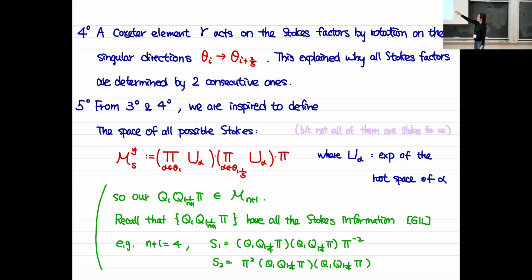That's the first part. The second part is the roots on the singular direction theta 1 plus 1 over s. And then pi is a group representation of the Coxeter element that you pick. For different systems, you will have different ones. So that's the space of all possible Stokes data.